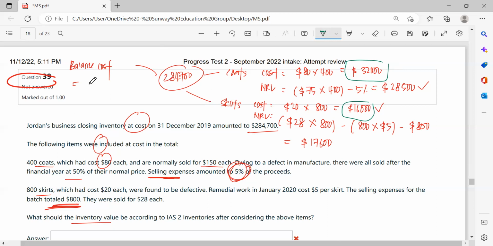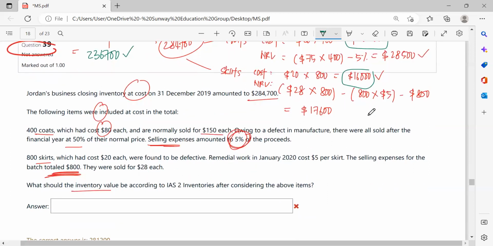The balance cost is 236,700. For this 236,700, you don't have to compare with NRV anymore because you are not given the NRV information. So just take this plus the coat NRV plus the skirt cost. Therefore, the answer is 281,200.